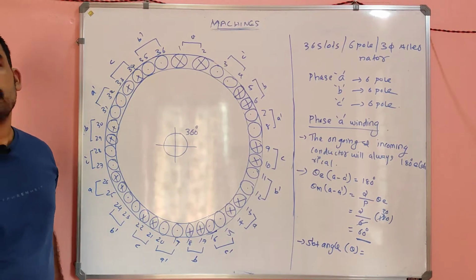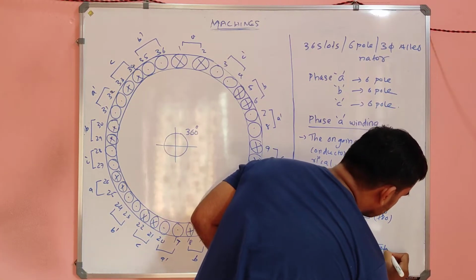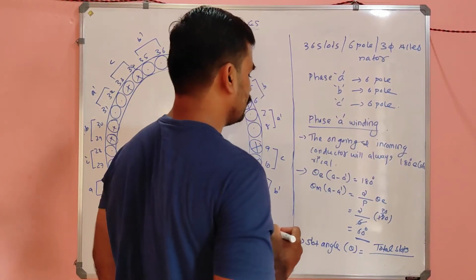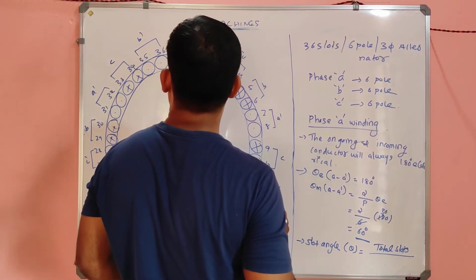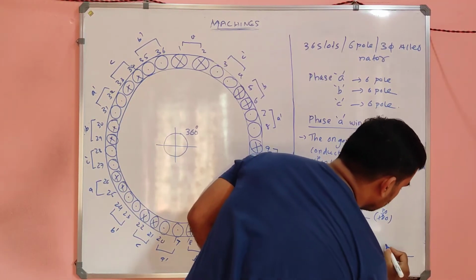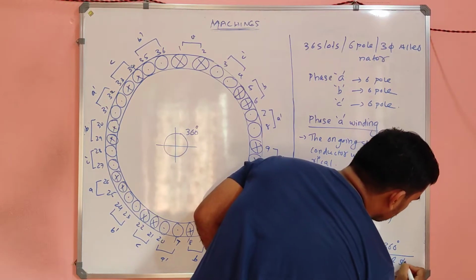That is called the slot angle. The slot angle formula is 360 degree divided by total slots.